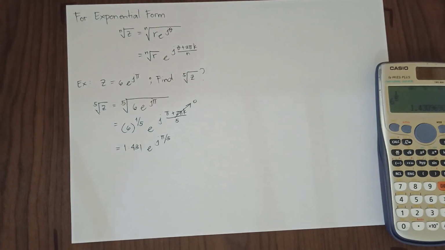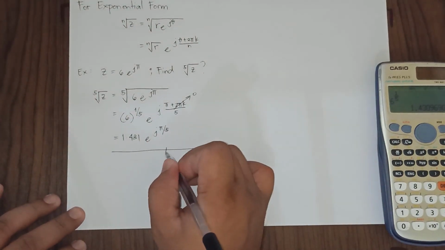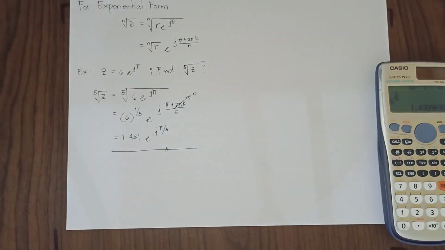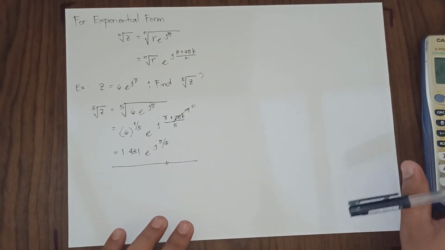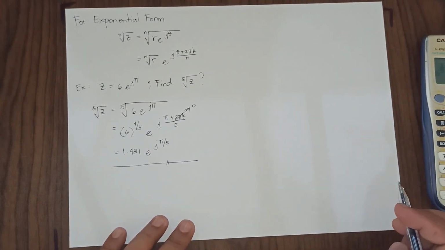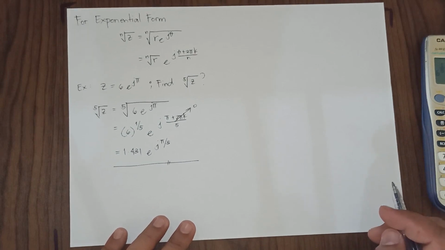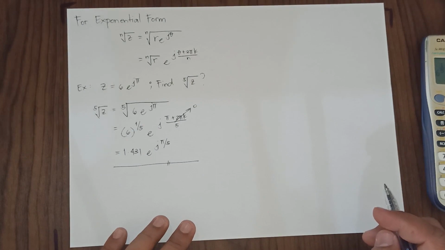That will be the answer. So that's it for the roots of complex numbers from polar to trigonometric to exponential form.